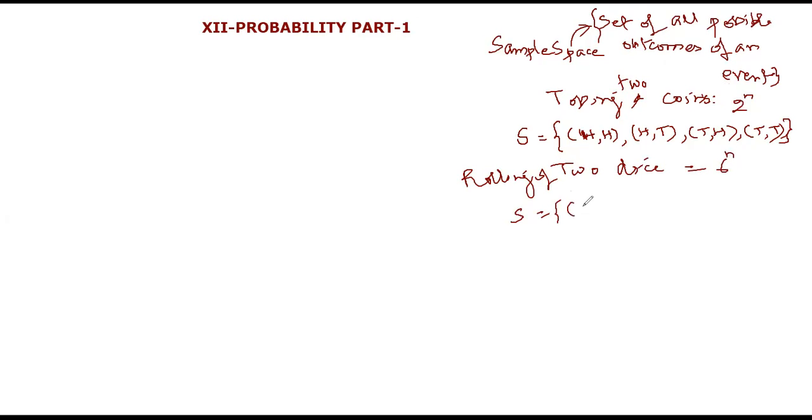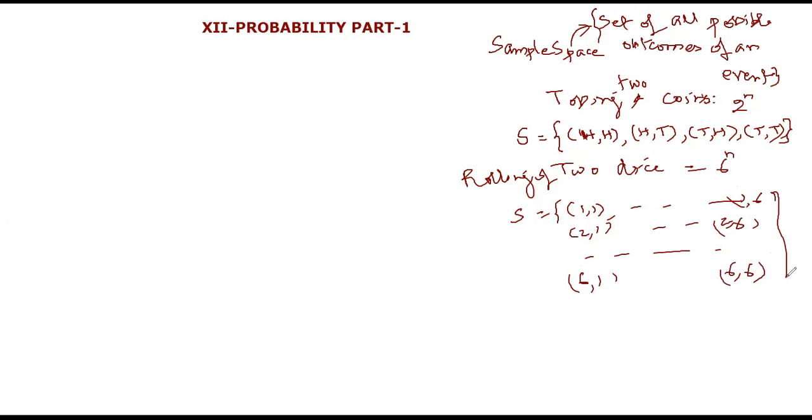So these are the things that we already covered in class 11. 1, 1, 2, 1, up to 2, 6, like this, 1, 6. So here up to 6, 1 to 6, 6. So there are 36 outcomes here. So n(S), what is n(S)? We are writing the number of outcomes as n(S) equal to 4 here, and n(S) equal to 36 here.